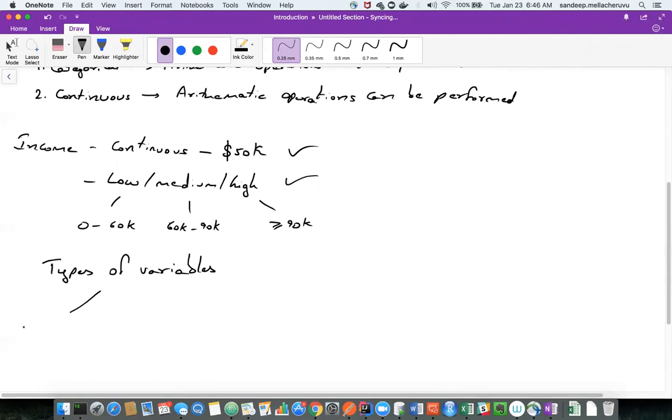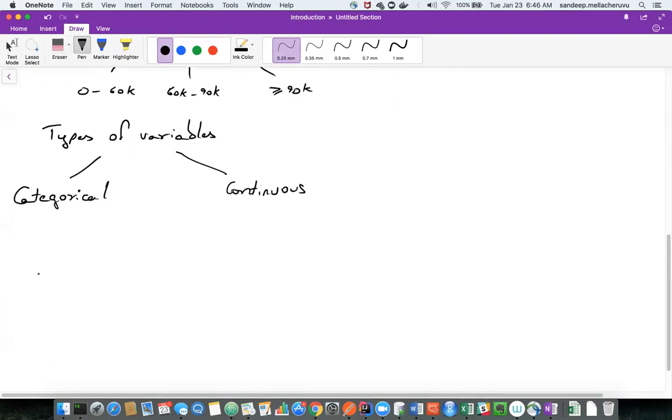You have categorical on this side, and continuous. On categorical, we have two more types, so that we can distinguish very easily, comparatively.